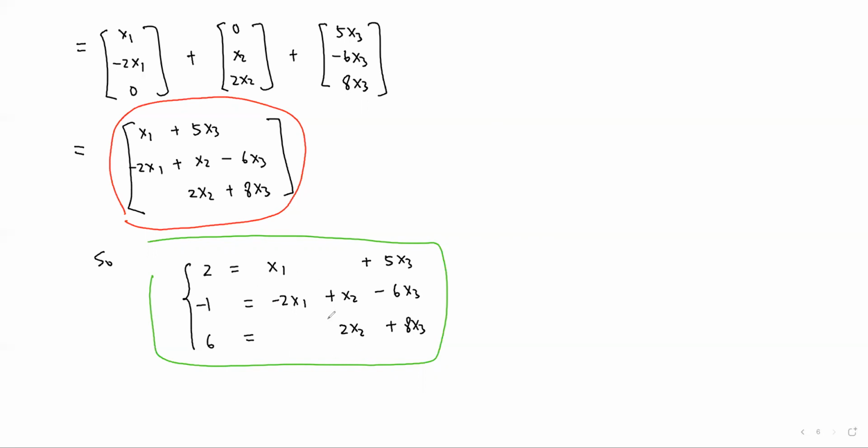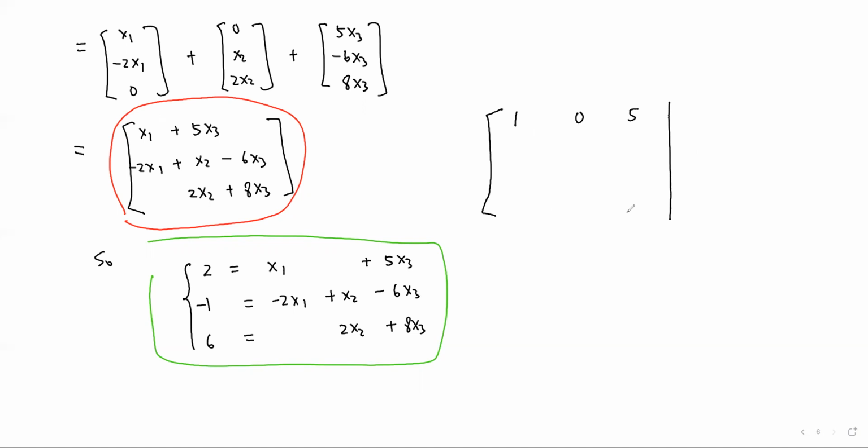Augmented matrix. Coefficient matrix first. Look at the first equation. Coefficient of x1 is 1, coefficient of x2 is 0, coefficient of x3 is 5. Separate with the right hand side.